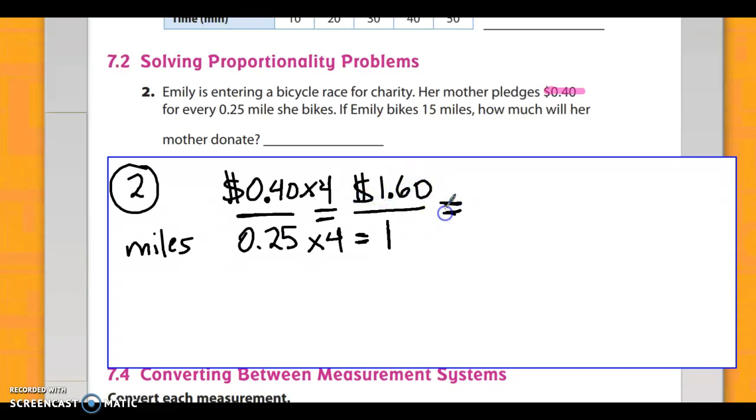Now what am I going to do? Well, the question asked me to figure out how much she earns if she bikes 15 miles. So I'm going to put 15 miles right here, and I'm going to ask myself, how do I get from 1 mile to 15 miles? I multiply by 15. So I'm kind of doing 2 steps, which is okay. So to get my price here, I'm going to do $1.60 times 15.